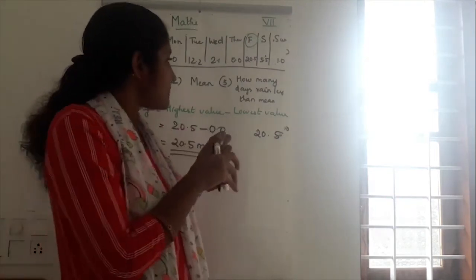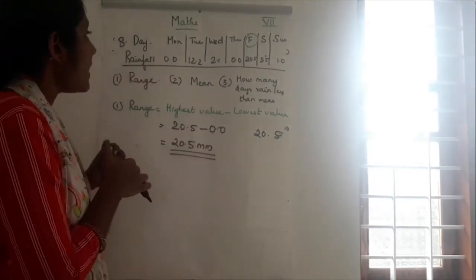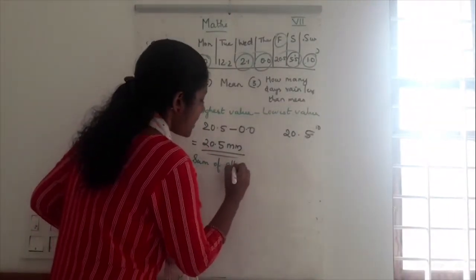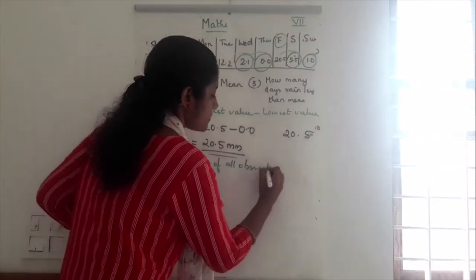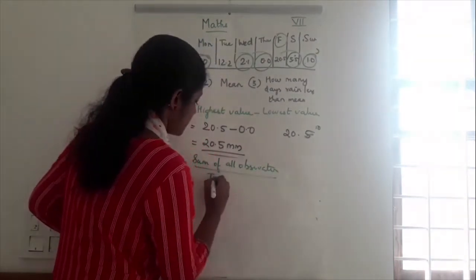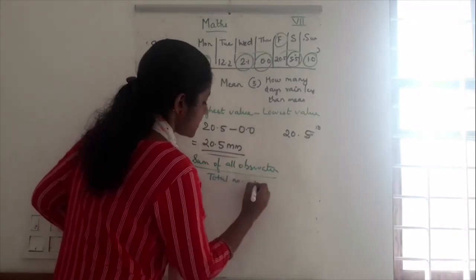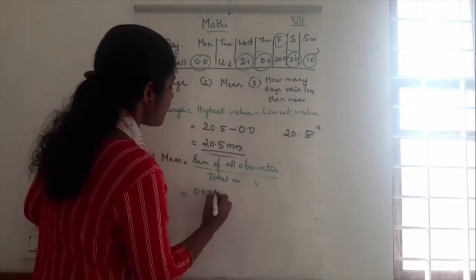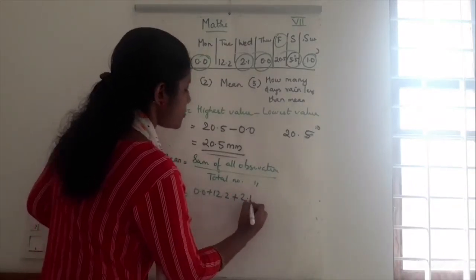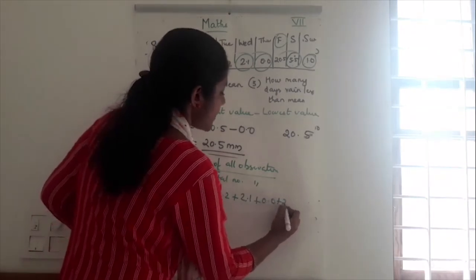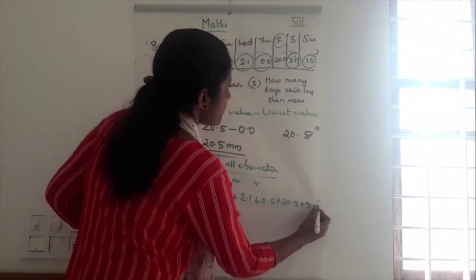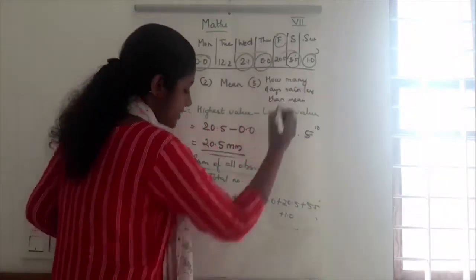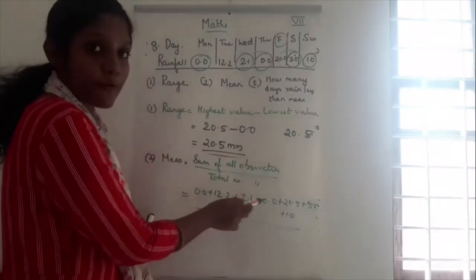So next you have to find the mean. Mean is sum of all observations by total number of observations. So here the sum of the observations is 0.0 plus 12.2 plus 2.1 plus 0.0 plus 20.5 plus 5.5 plus 1.0, by the number of observations: 1, 2, 3, 4, 5, 6, 7. 7 days are given.